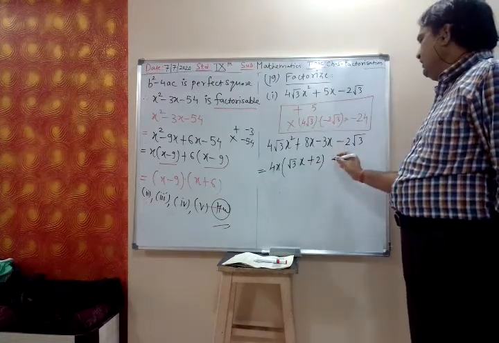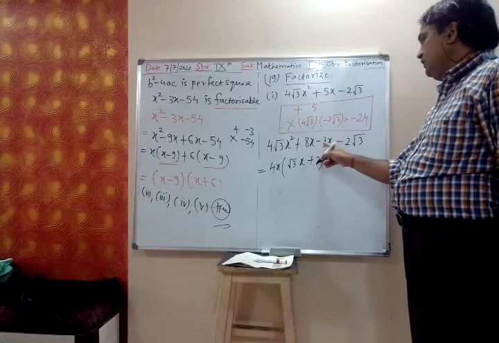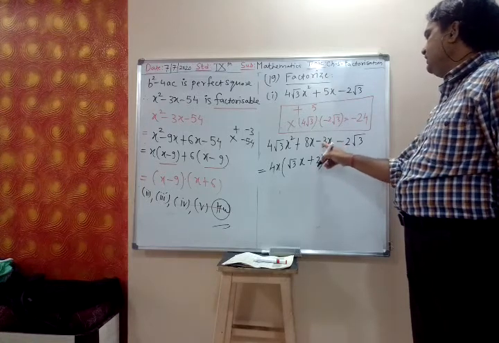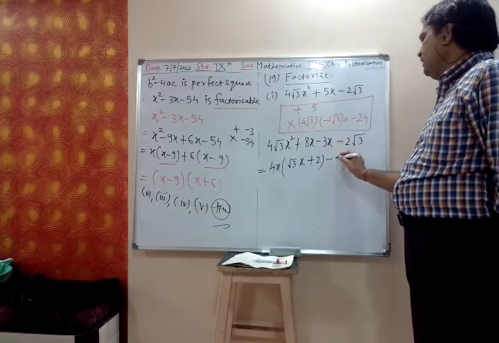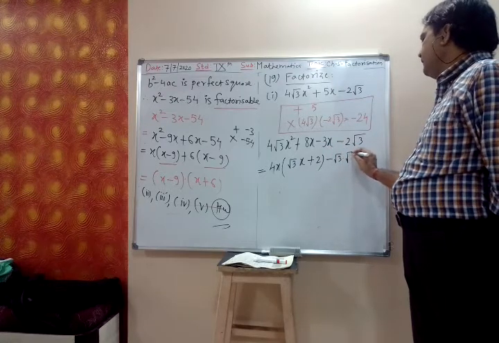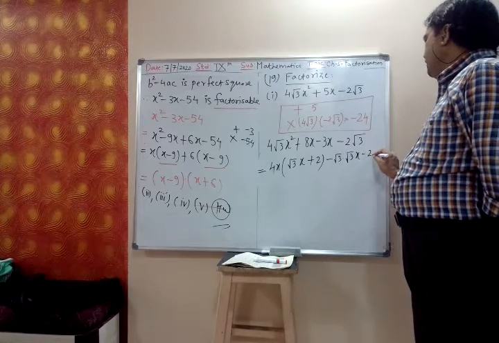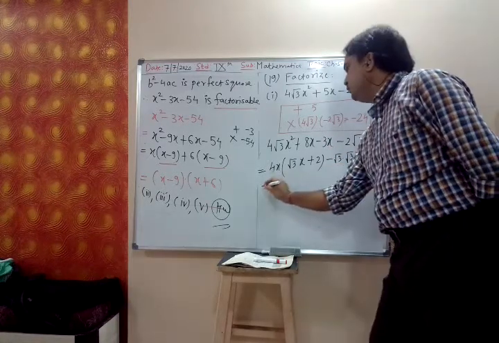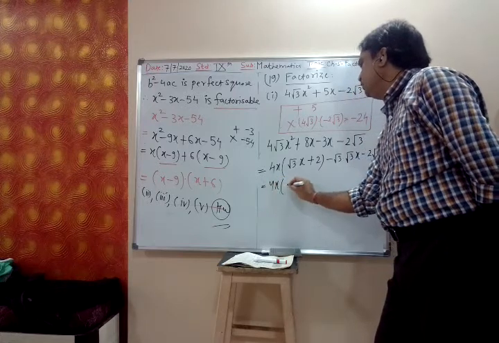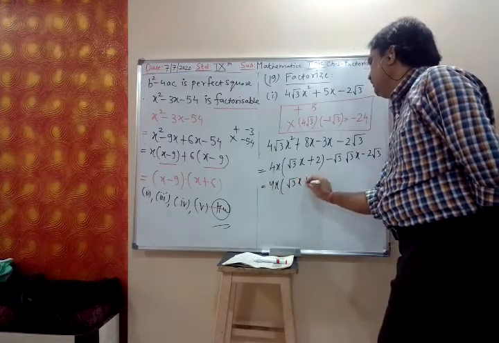Then minus 3x and 2 root 3. This 3 I can write root 3 into root 3. Remember, one more step I will split. So 4x into root 3x plus 2.